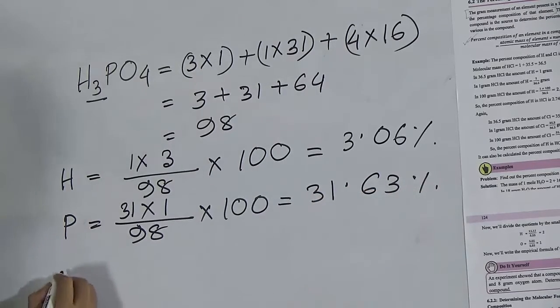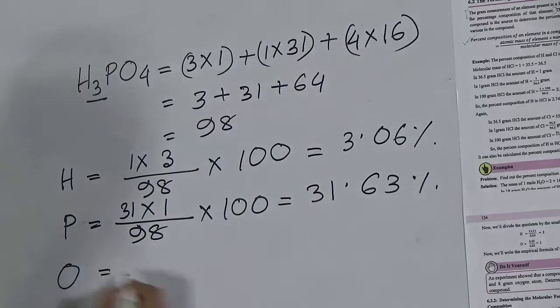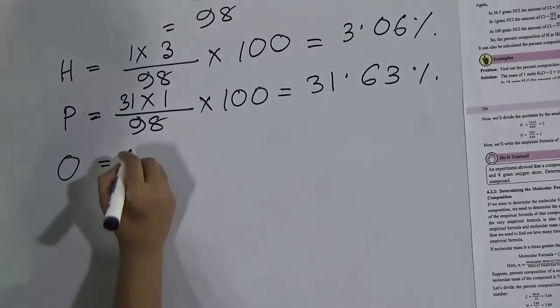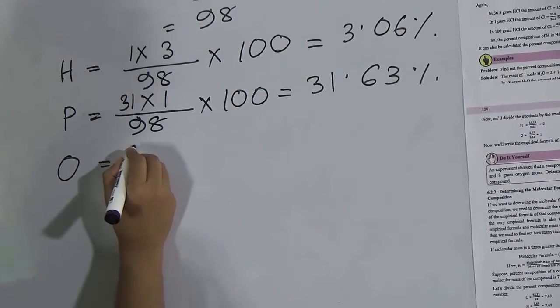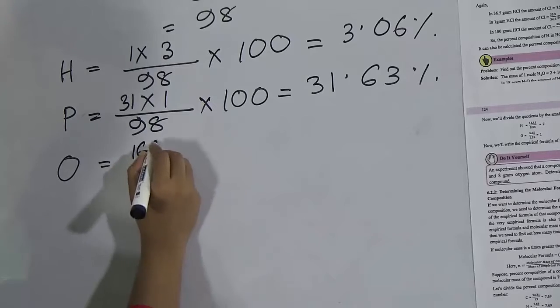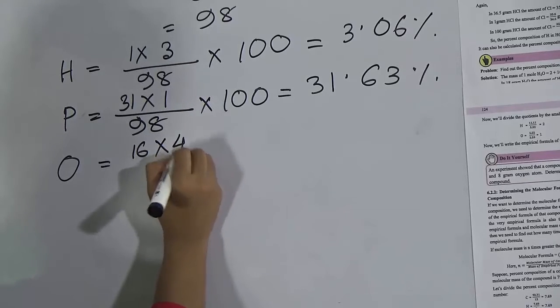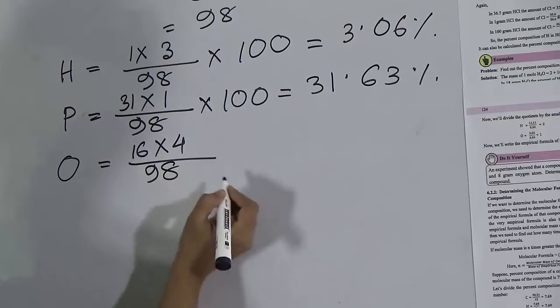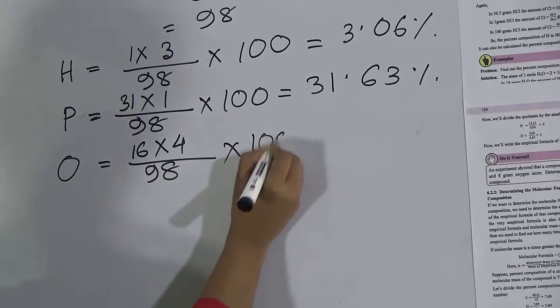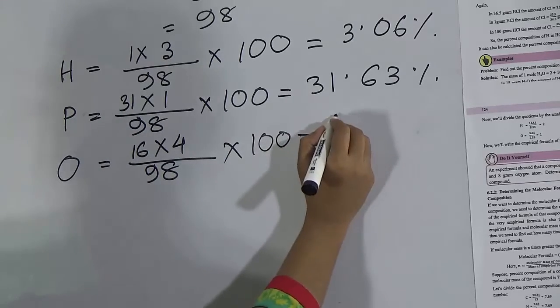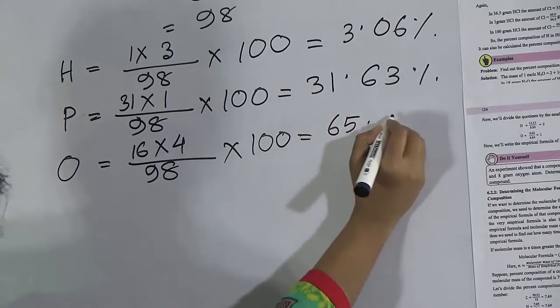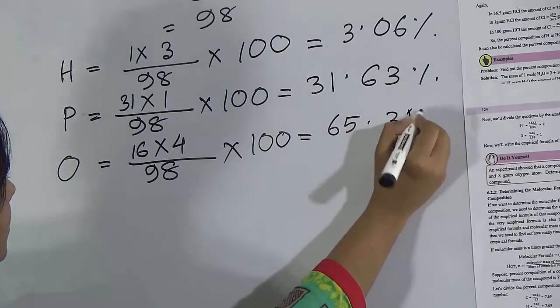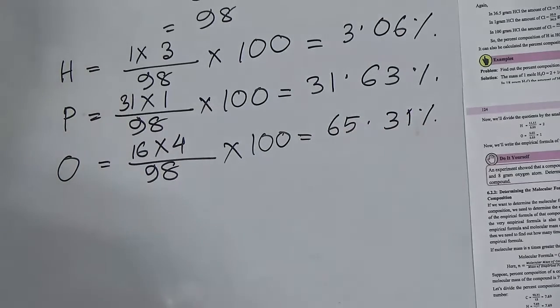Now come to oxygen. Oxygen's atomic mass is 16, multiplied by the number of atoms, 4, then divided by the molecular mass of phosphoric acid, 98, multiplied by 100, and we will get 65.31%.